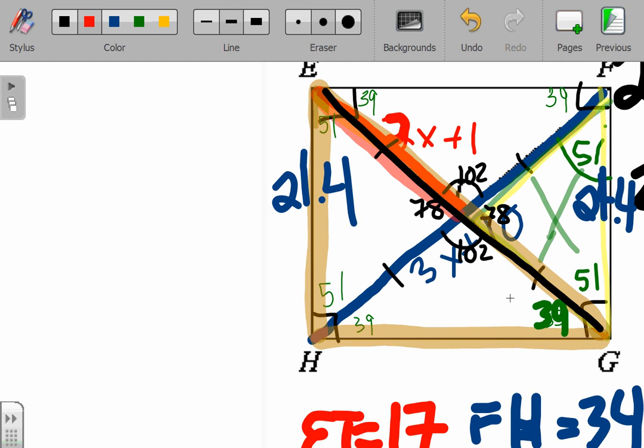Equals adjacent over hypotenuse. Cosine 39 degrees, put parentheses around that, equals our adjacent, which is HG, over our hypotenuse, 34. So cosine 39 times 34 equals what we want, which is our HG side.